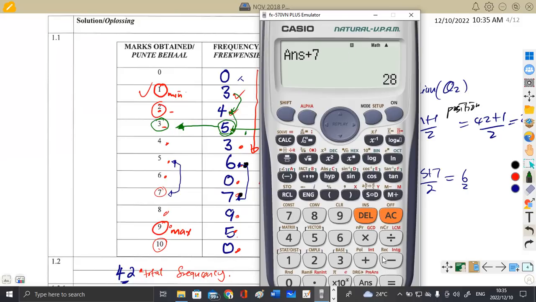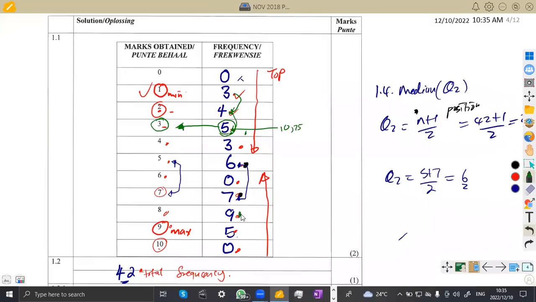Plus 7 is 28, still less. Plus 9 is 37, so at 9 we have exceeded. This is where our 32.25 is, and at this value it corresponds with 8. That is the value you're going to take.